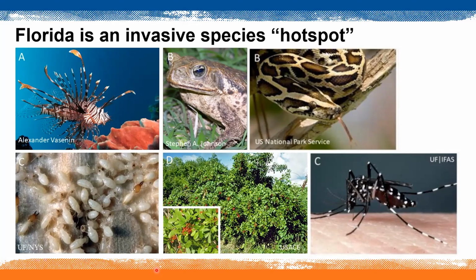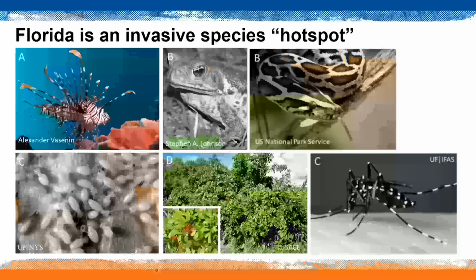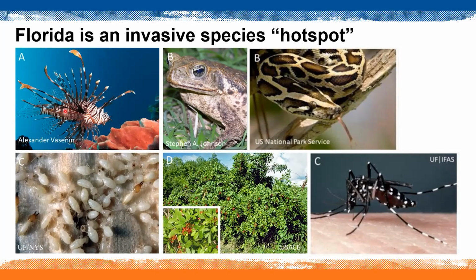They have a wide variety of different impacts, and I just illustrate some of these. The lionfish is impacting our coral reefs, having ecological harm. Cane toads are negatively influencing and causing problems for pet owners. Of course, the python is detrimental to the ecosystem of the Everglades. We have Brazilian pepper tree causing environmental harm to our wetlands.